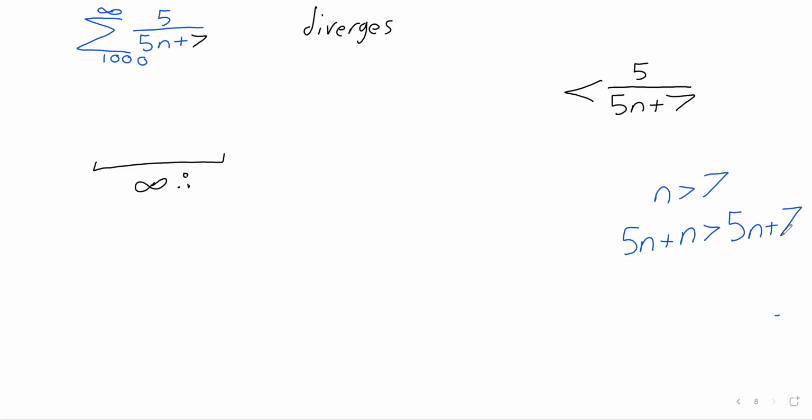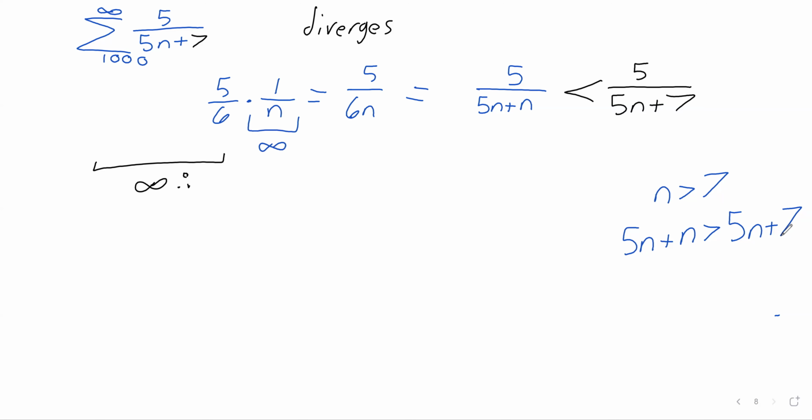And if we replace 5n plus 7 with 5n plus n, now we are going in the right direction. We increased the denominator, so we shrunk the fraction. And we wind up where we need to be.